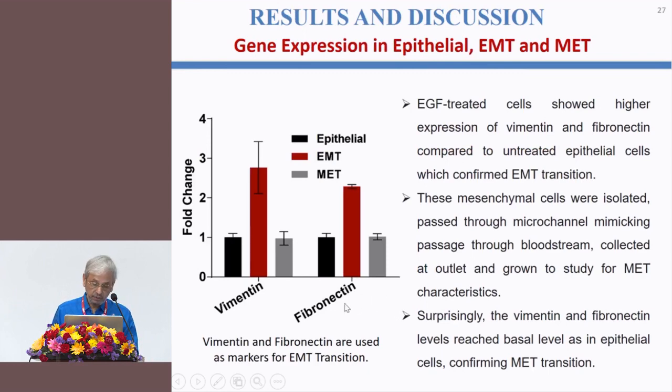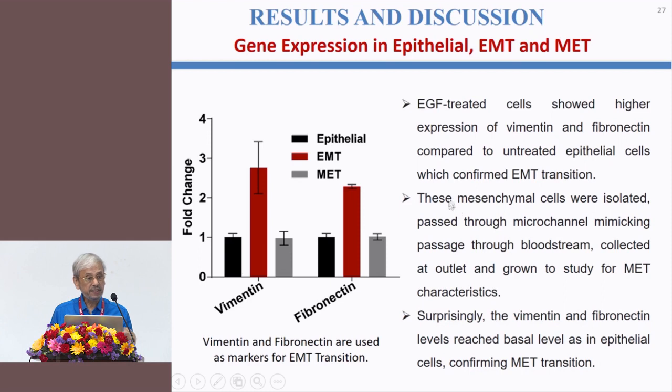And then for further confirming it, we tested with two different protein markers. One is fibronectin, another is vimentin. So EGF treated cells showed higher expression of vimentin, and these we get from the mesenchymal cells.